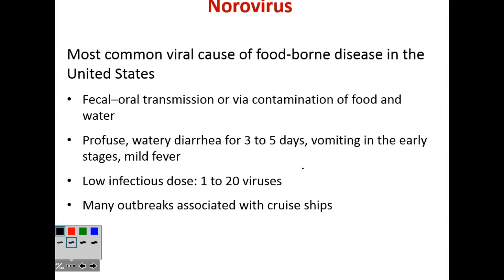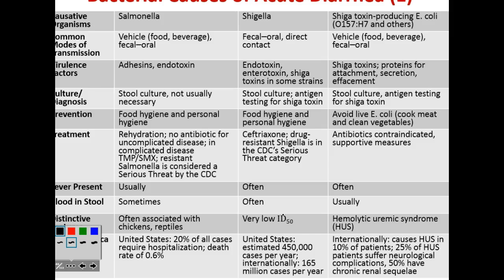It's the most common viral cause of foodborne disease in the United States. Transmission is fecal-oral or via contamination of food and water. Low infectious dose, 1 to 20 viruses. And many outbreaks are associated with what? Cruise ships.